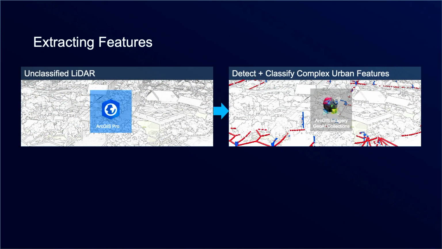When we think of data capture, right, there's a lot of stuff we can use. Unclassified LiDAR data, we can use it to detect and classify complex urban features, right? We have a lot of tools that extract features out of the point cloud that we can use in our 3D environments, in our ArcGIS system.